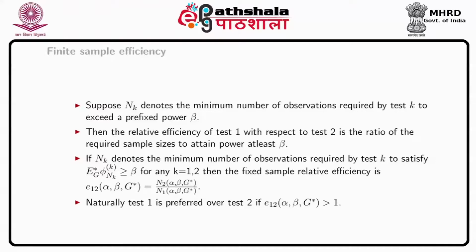Precisely, if N_k denotes the minimum number of observations required by test k to satisfy the expected value of phi_{N_k}^(k) under G star greater than or equal to beta, for k = 1 and 2, then the fixed sample relative efficiency is defined by the ratio E12 of alpha, beta, G star equal to N2 of alpha, beta, G star divided by N1 of alpha, beta, G star.